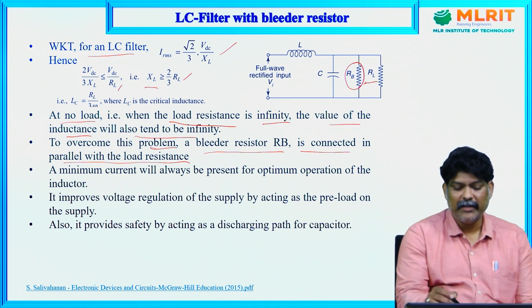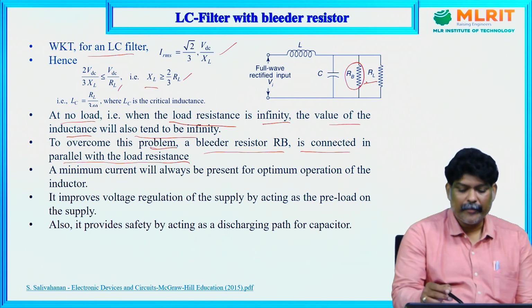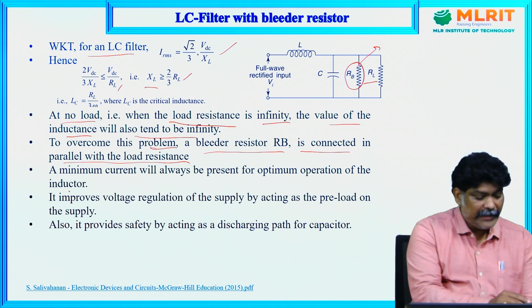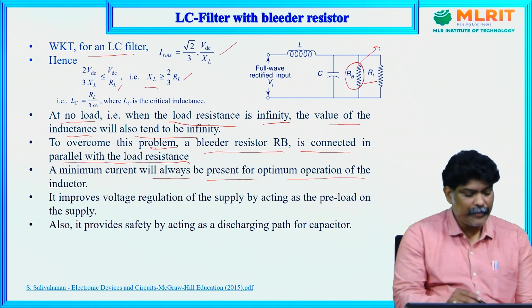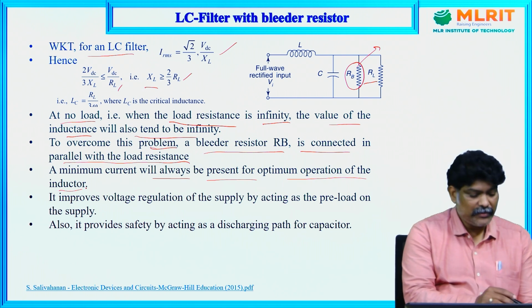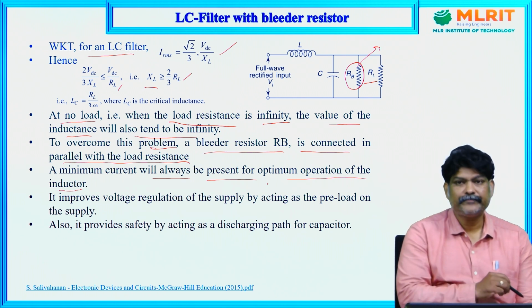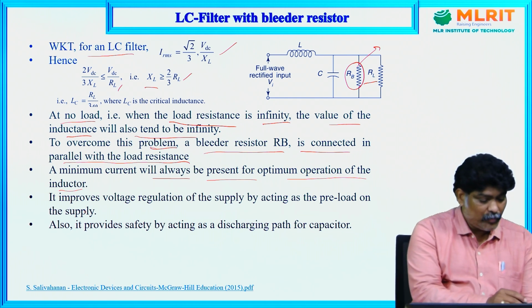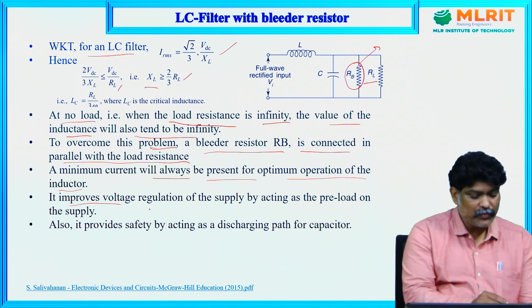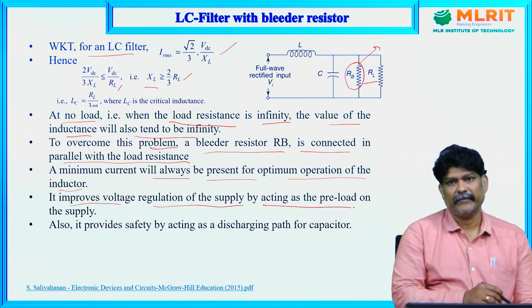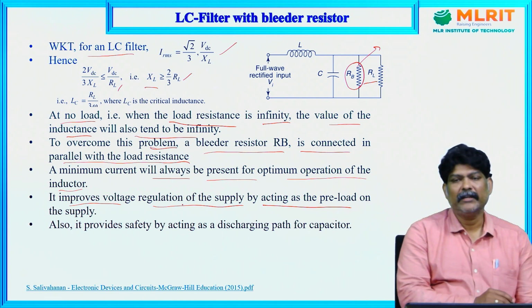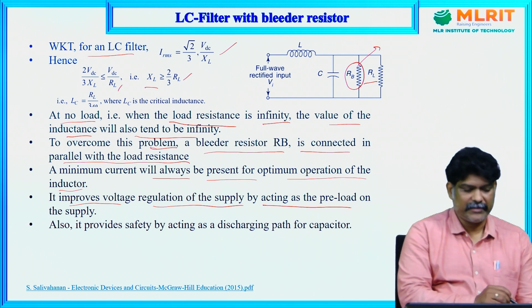So what happens now? It improves. A minimum current will always be present for optimum operation of the inductor. So there is a current flow even if the load resistance is infinity because of this bleeder resistor. One more important point is that it also improves voltage regulation of the supply by acting as a preload on the supply. So this is one of the advantages of the bleeder resistor.